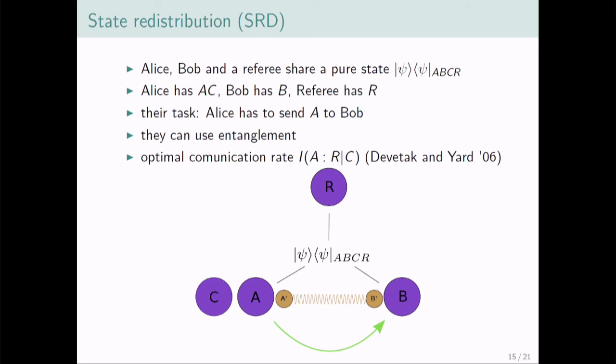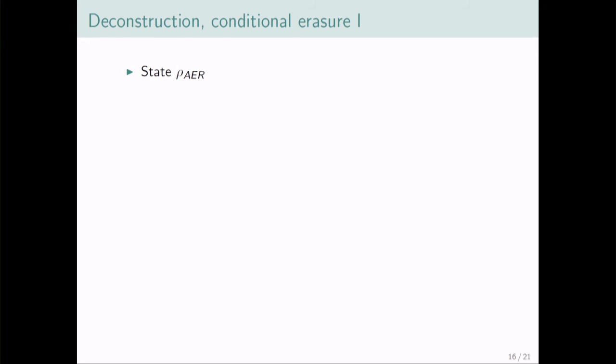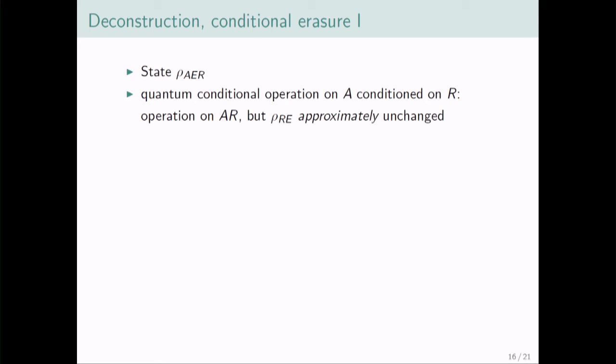So after this little intermezzo, let's come back to our task of conditional erasure. There we have this tripartite quantum state. And now we just introduce the concept of a quantum conditional operation on A conditioned on R. For this, we slightly relax the classical idea by saying that we operate on AR, but we want to leave the RE marginal approximately unchanged.